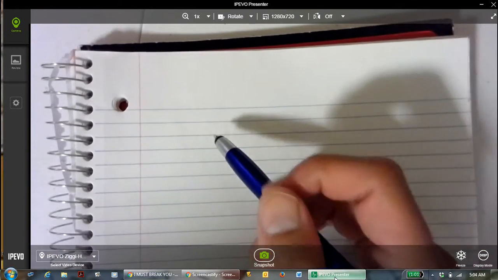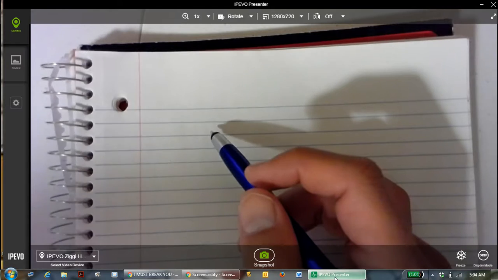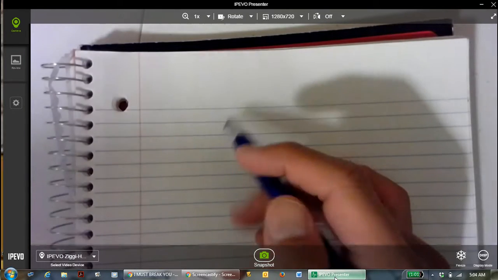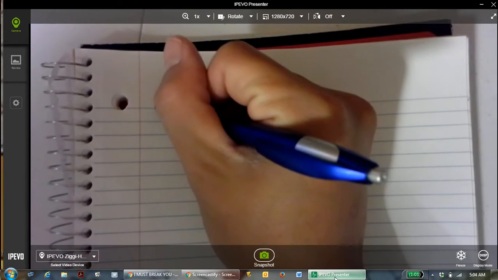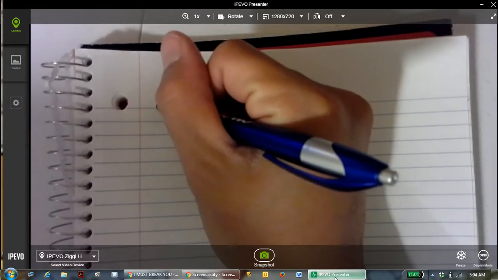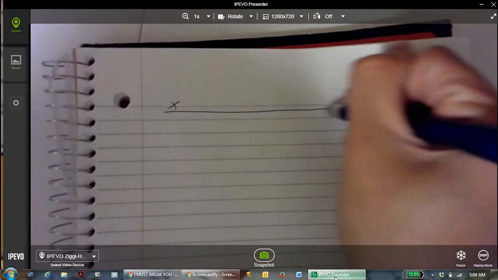One more example that we're going to go through is another table.